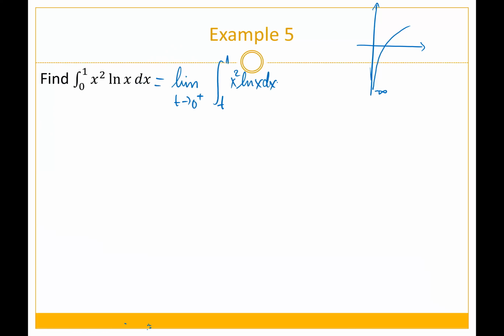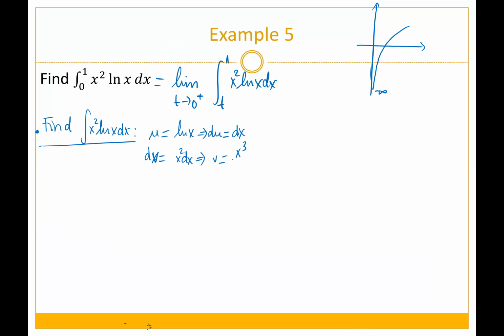Now, our part is to use integration by parts to find the integral inside. So I have a small step here. Find the integral of x squared ln of x dx. Let's put u equal ln of x, du is 1 over x dx, and this is purely exam 1, so you should be able to do this. dv is x squared dx, so v is x cubed over 3.